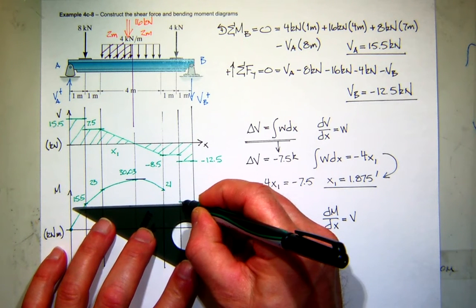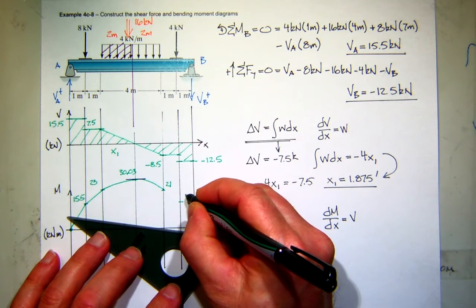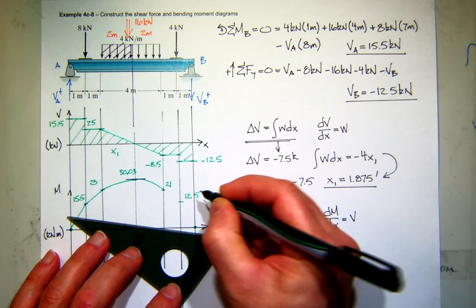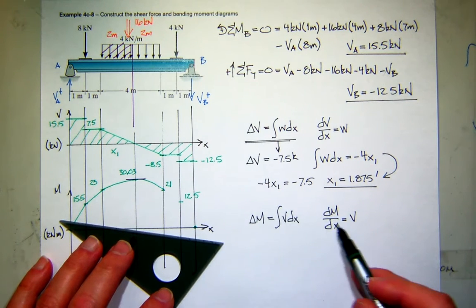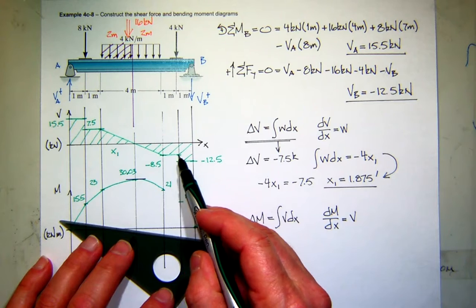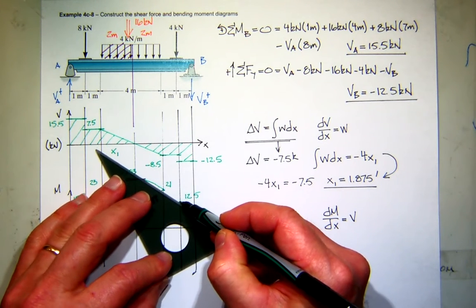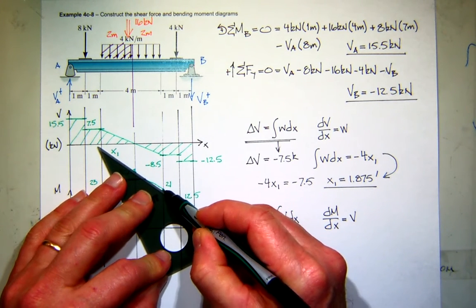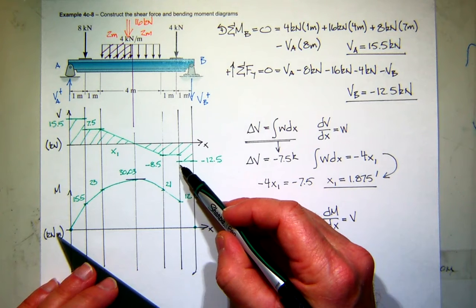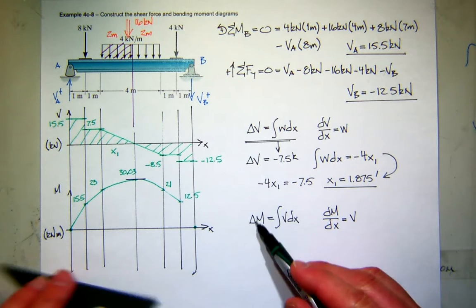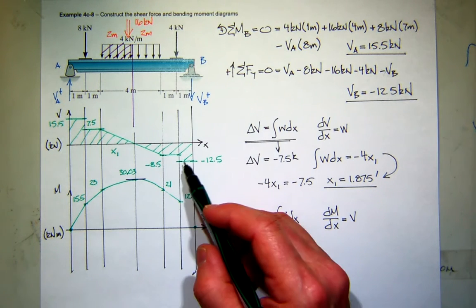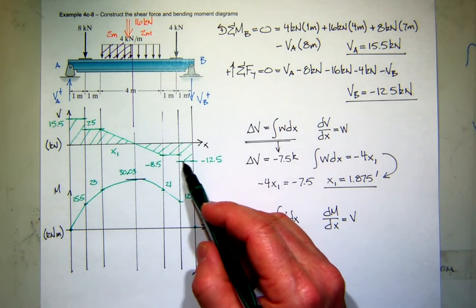I don't have this thing to scale. And then we also know that the slope is equal to the load. You see the load is constant and negative. And then the last segment, again, the change in moment is the area under the shear curve.